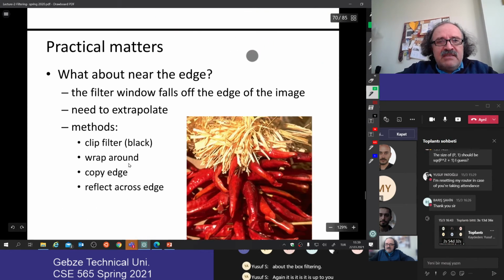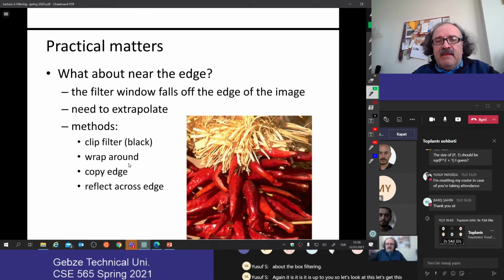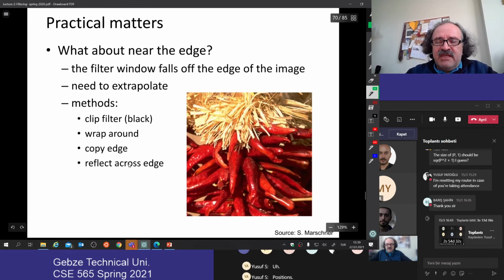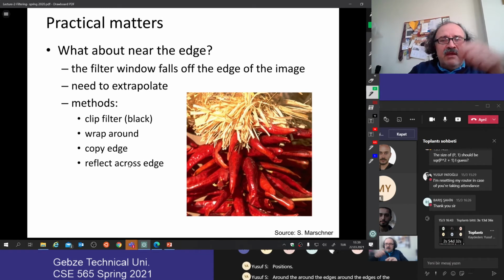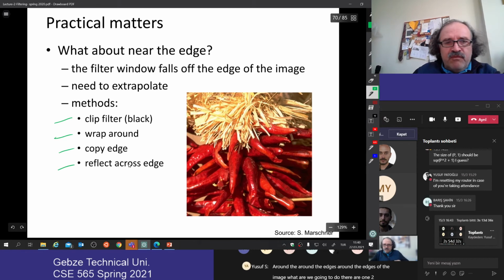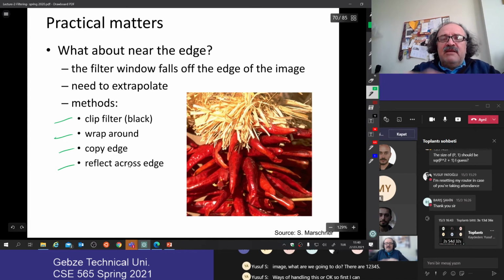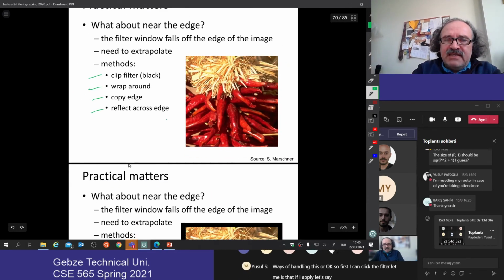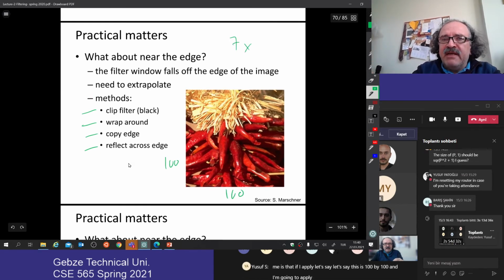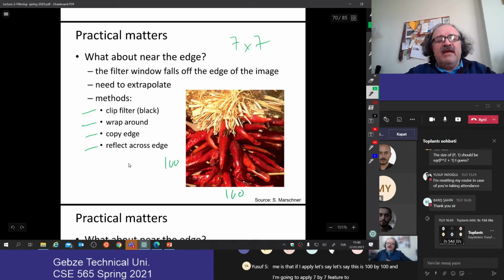So let's look at the positions around the edges of the image. What are we gonna do? There are 1, 2, 3, 4, 5 ways of handling this. First, I can clip the filter. That means that if this is 100 by 100, and I am going to apply a 7 by 7 filter to it, and I use this clip filter approach, that's the black.